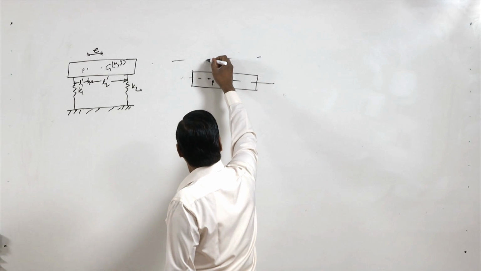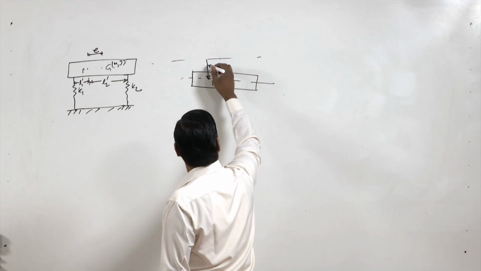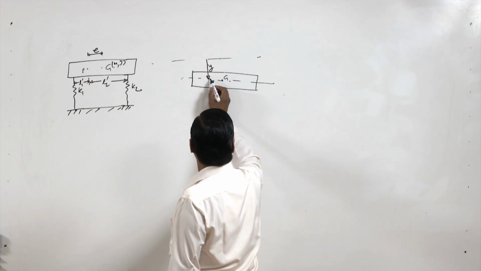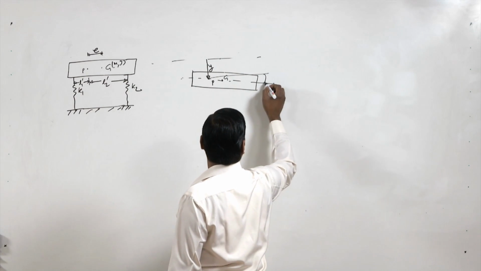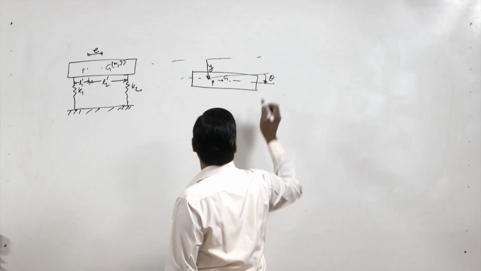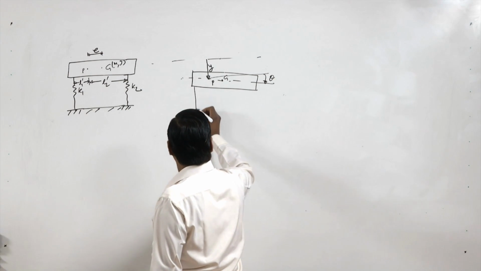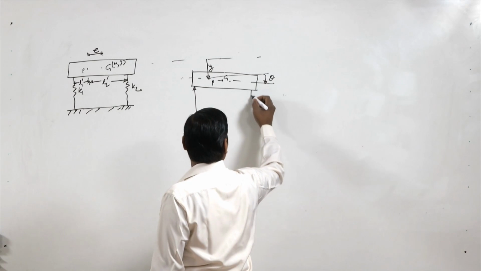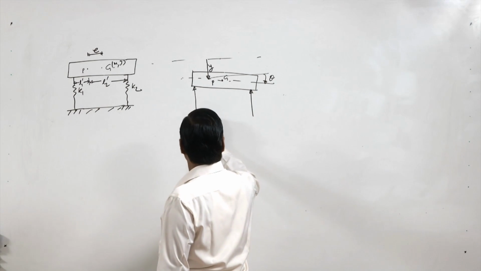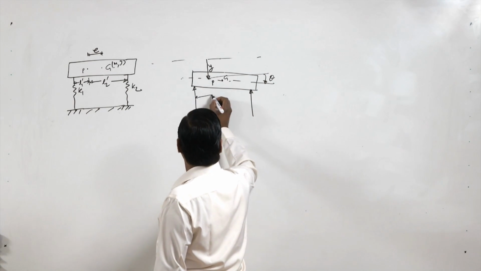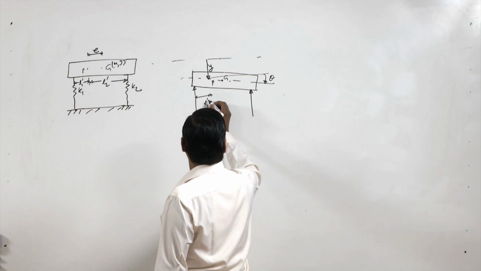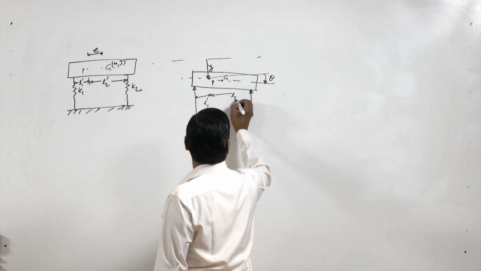Now we have this y and this theta, and here we have these spring forces, with distances L1 dash and L2 dash.